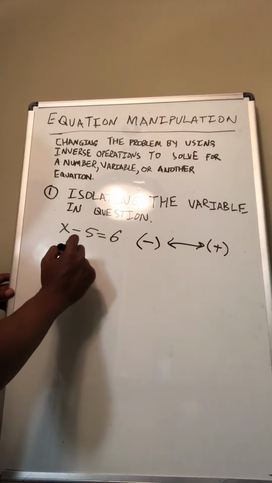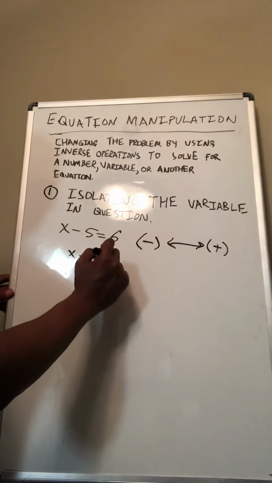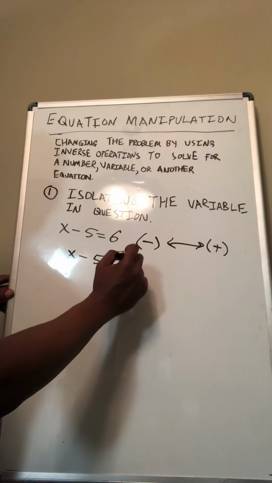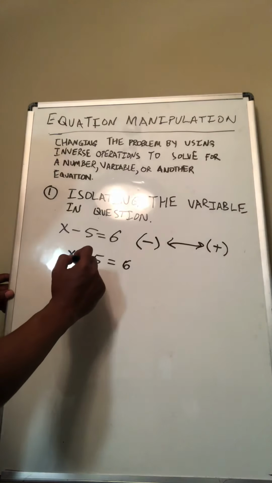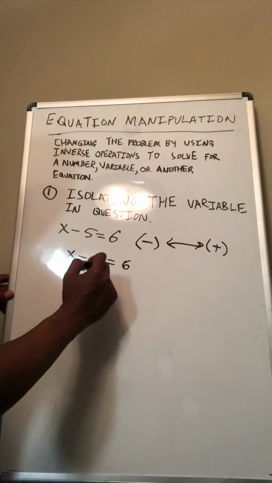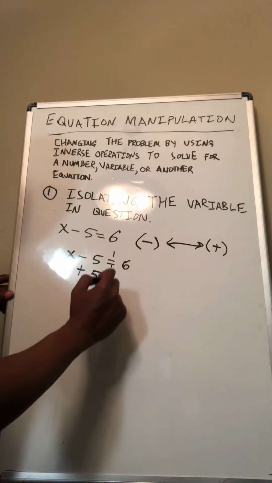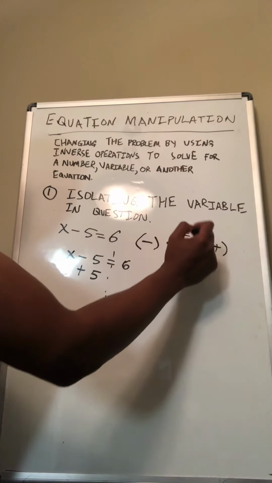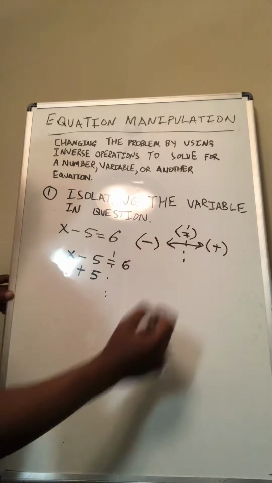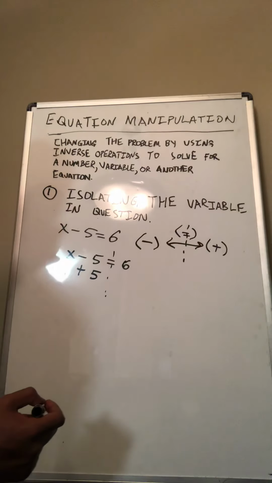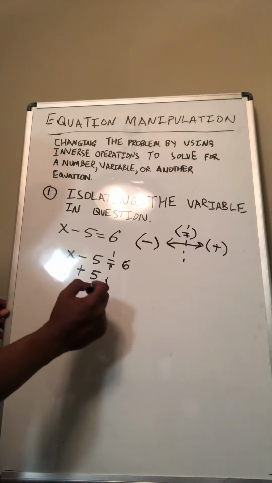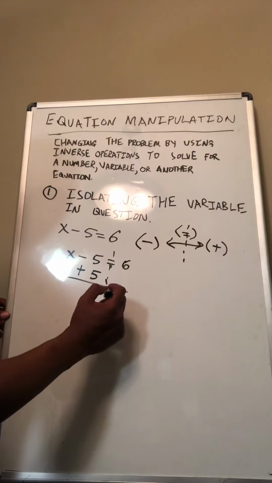So here I have x minus 5 is equal to 6. My inverse operation being addition, now I add 5 to both sides of my equal sign.